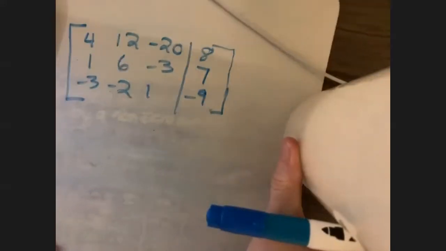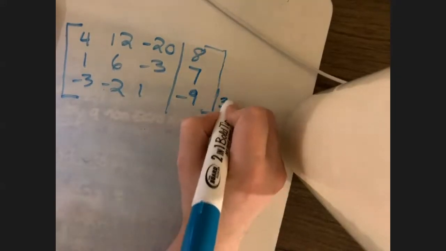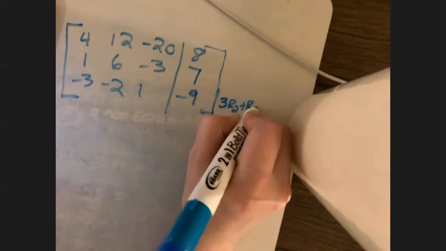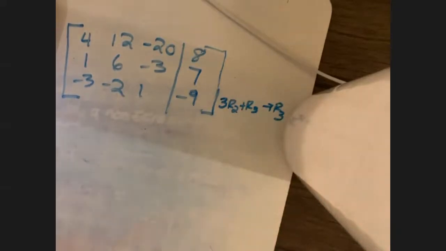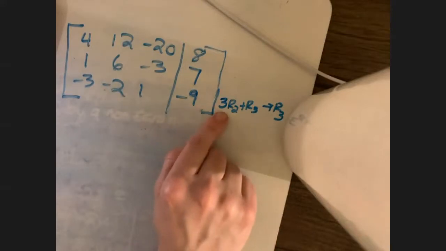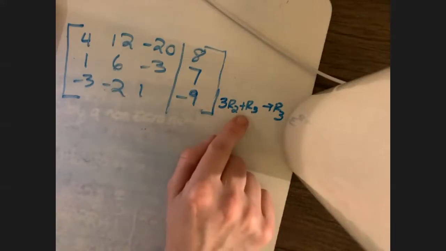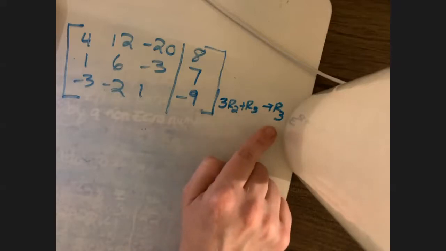Now, that last rule. This is where me and them slightly differ in notation, not a lot. I just put something a little more with mine. I add this back part. So we're gonna do 3 times row 2. We're gonna add that to row 3, and I say I'm gonna put that in row 3's spot.